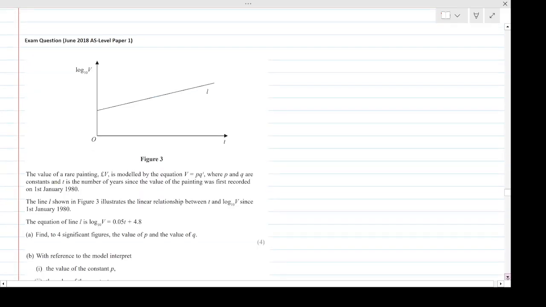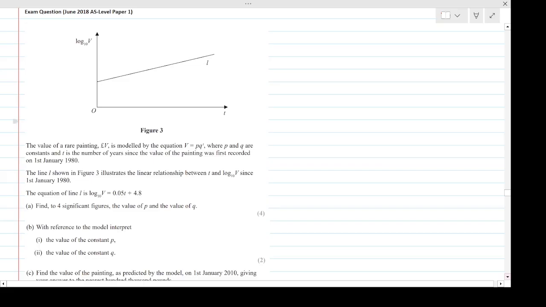Okay, so we've got another question here. Again, we're given a graph. The value of a rare painting is V pounds. The value is given by V is PQ to the T. P and Q are constants, and T is the number of years since January 1980. Okay. Right.